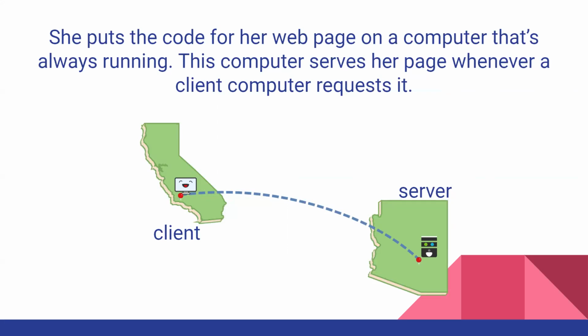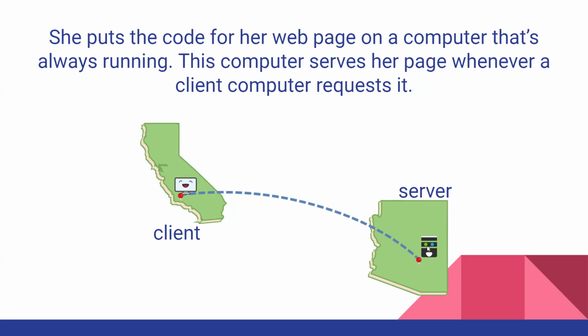Alice created a web page or a website. She puts her code on a computer that's always running, and that is known as a server. This is the computer which is always running, and Alice puts all of her web pages, all of her website code here.